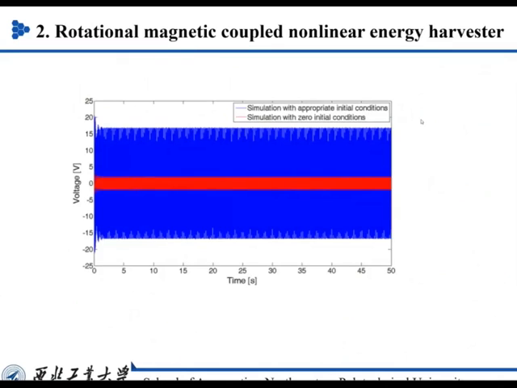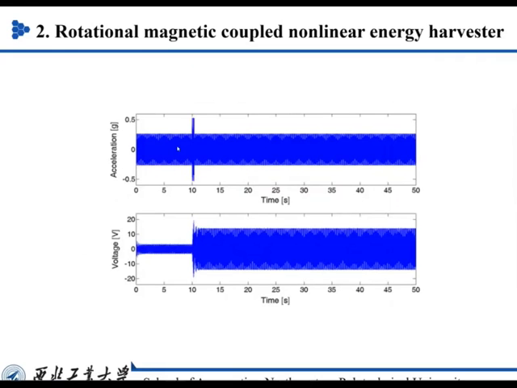We can also realize it by changing the initial conditions. For the same excitation conditions, if we just change the initial condition, it may realize the high energy orbit. That means the output voltage is higher.